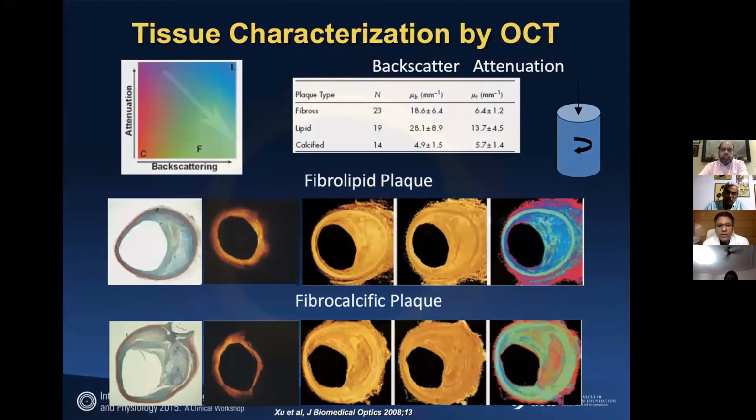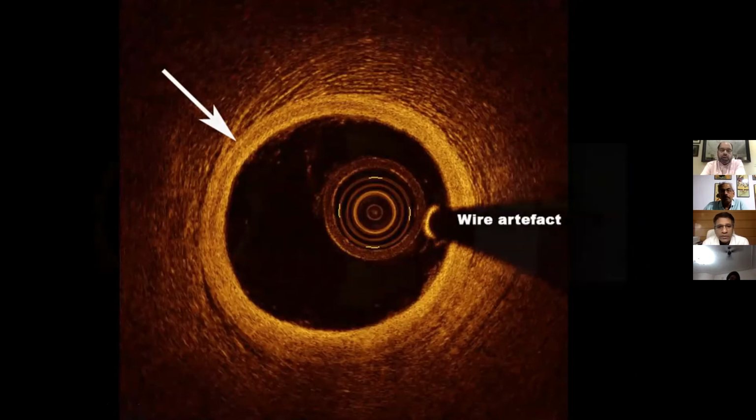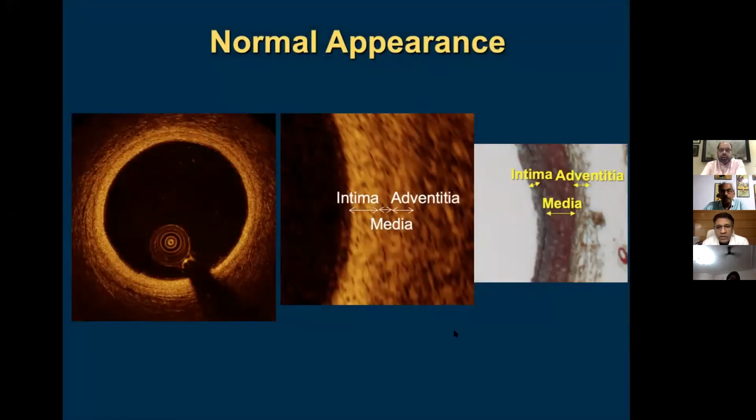Now this is the basic golden tube of the OCT. You can see the imaging catheter, and this is the wire artifact, the 014 wire on which we thread the OCT dragonfly catheter. And this is the characteristic telltale three-layered, normal-looking intima, media, and adventitia of normal coronary arteries. So let me start by describing a normal coronary artery.